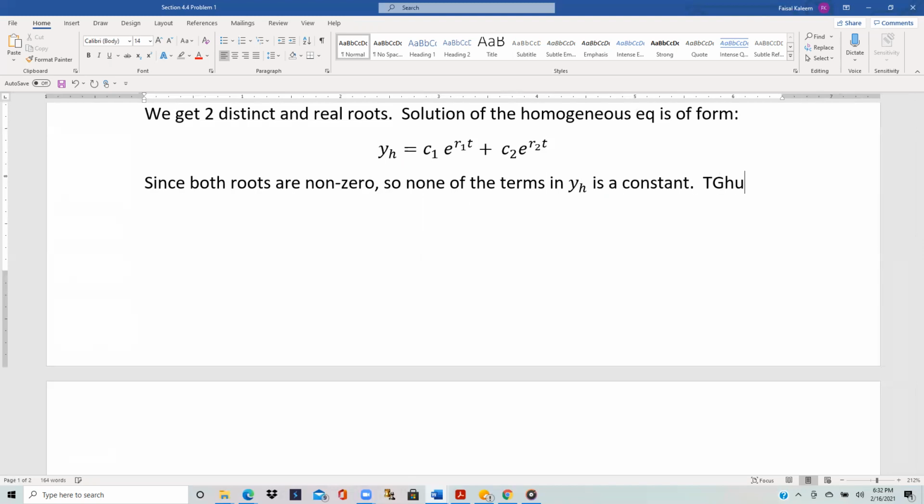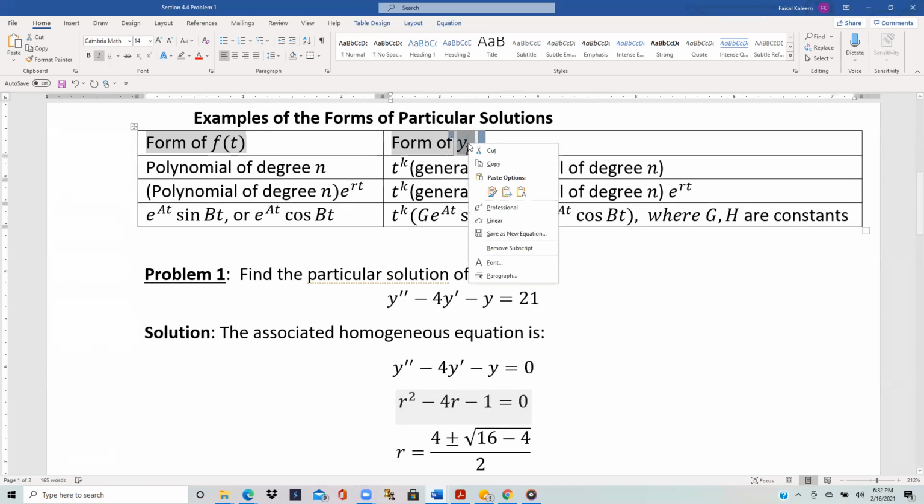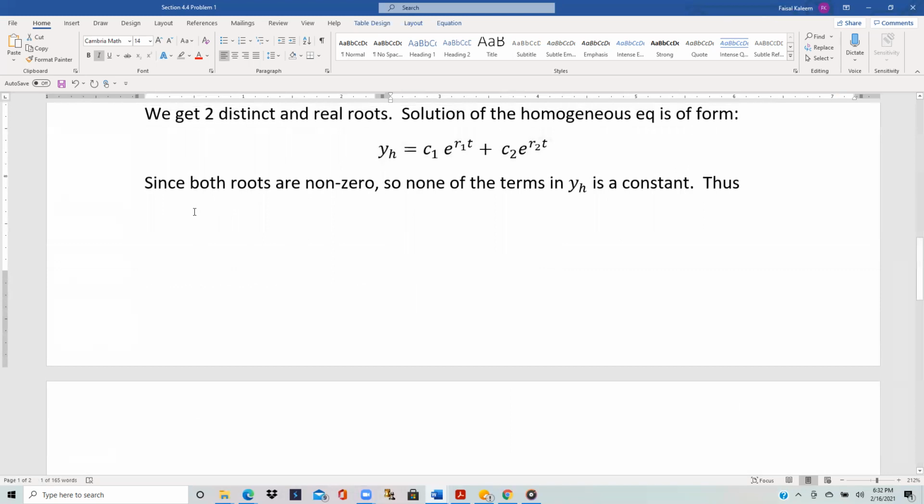Thus, y_p in this case would just be the most general constant, let's say C.